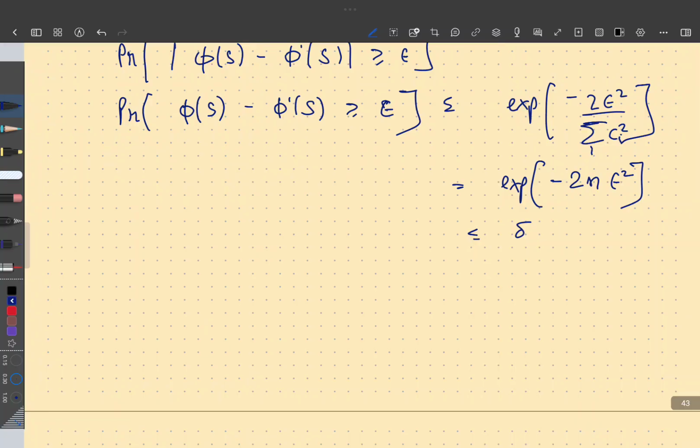So if I want this entire quantity to be less than or equal to delta, that amounts to just choosing epsilon square to be equal to log 1 over delta divided by 2n.